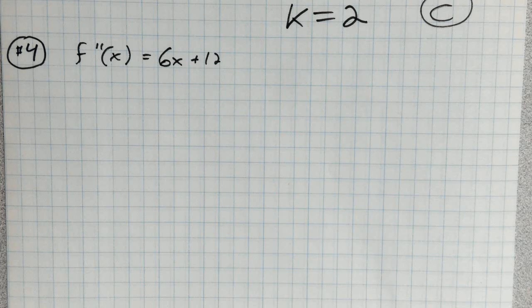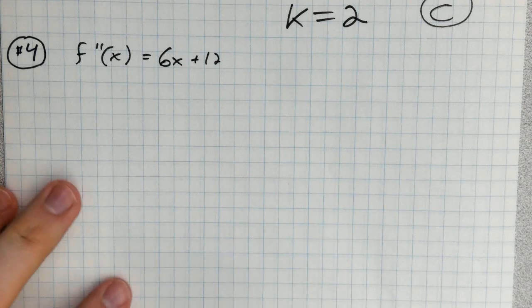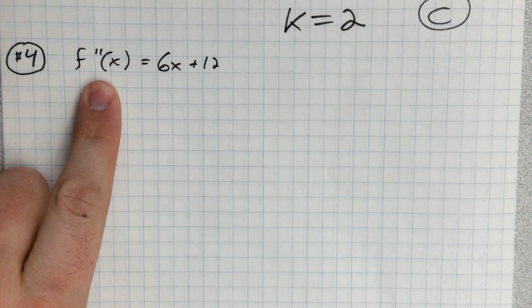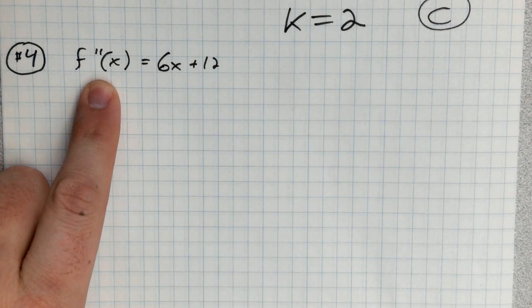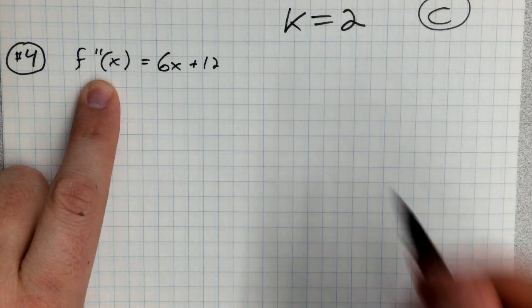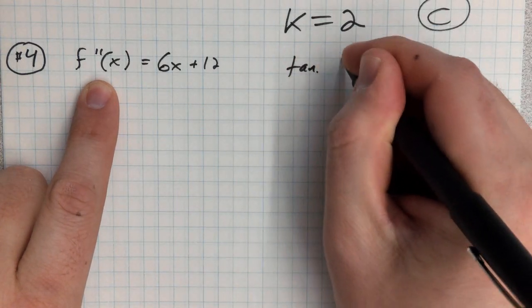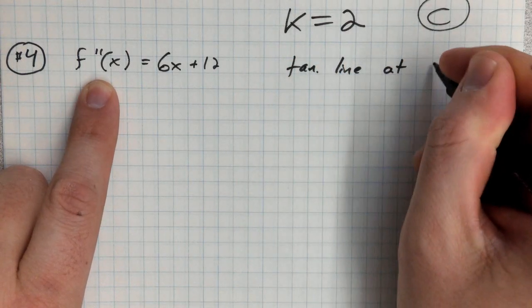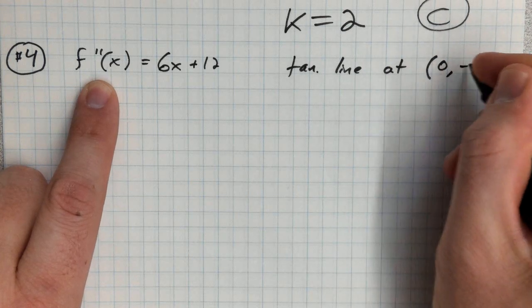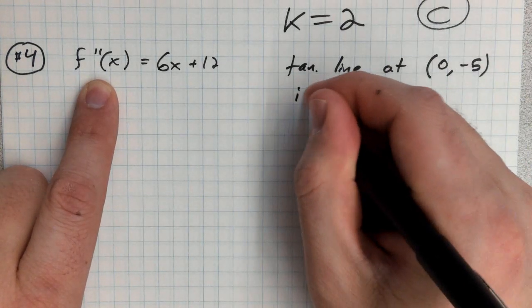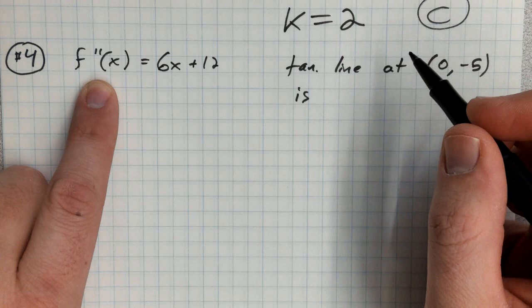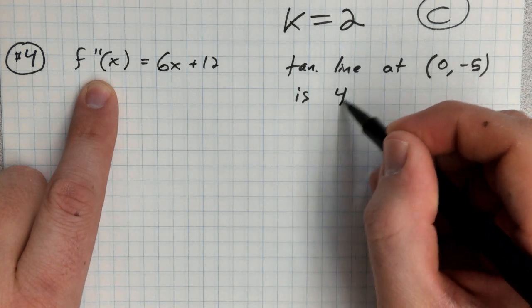Number 4 is a really clever, wonderful problem. So they give you the second derivative is 6x plus 12. They also tell you that the tangent line at the point 0, negative 5 is 4x minus y.